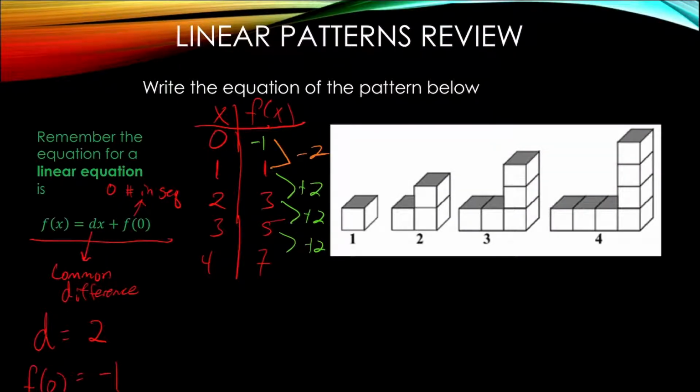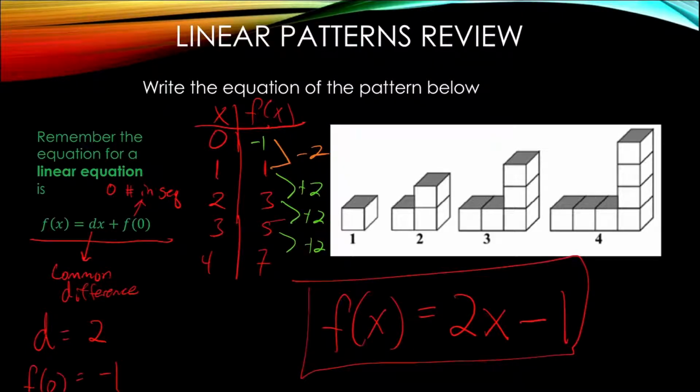So my f at 0 is negative 1. Now I can just plug it into my formula. I can say f of x equals my d value, which is 2, multiplied by x, plus my f at 0, which in this case is a negative 1, so we would just say minus 1. There is my linear equation for this pattern.